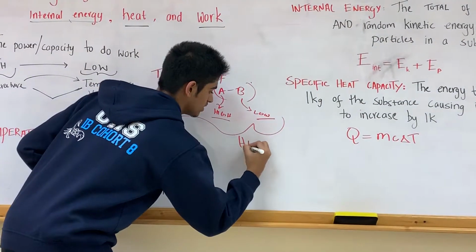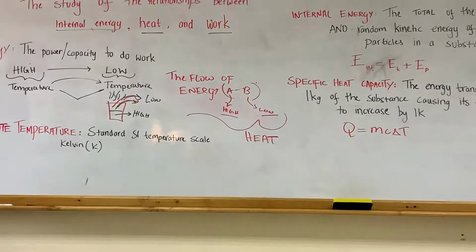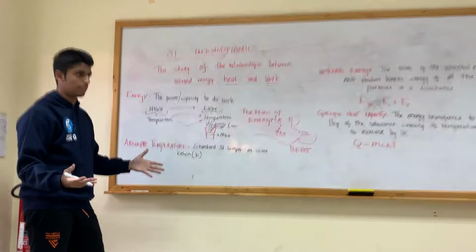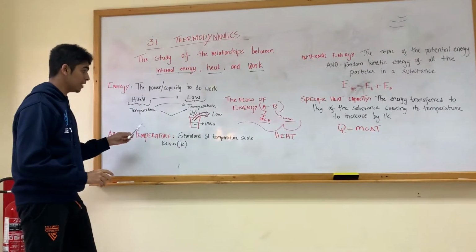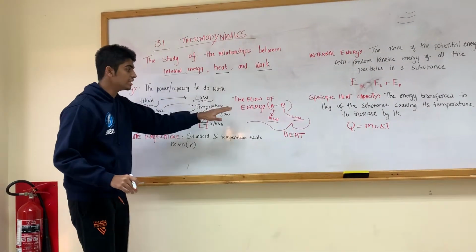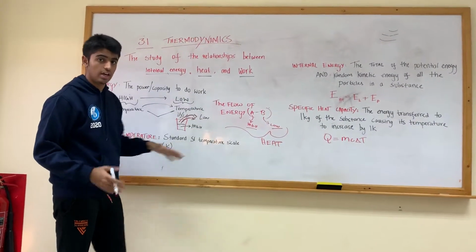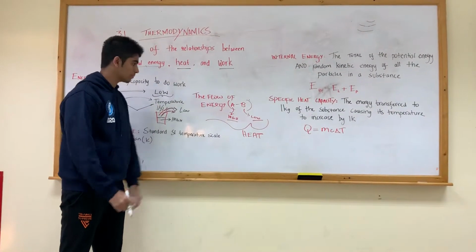is called heat. Be careful not to confuse heat with temperature, because temperature is a measure of the amount of kinetic energy in an area. However, heat is a measure of the flow of energy causing a change in temperature.